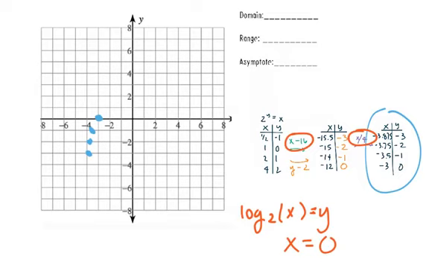The same thing's going to happen here, right? First, we shifted everything 16, so that would give us x equals negative 16. But then we horizontally compressed, so we divided all of our x's by 4, so that would give us negative 4. Okay, so the vertical asymptote here is going to be x equals negative 4.